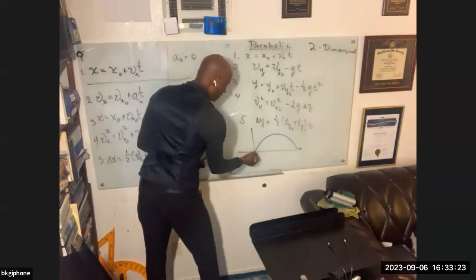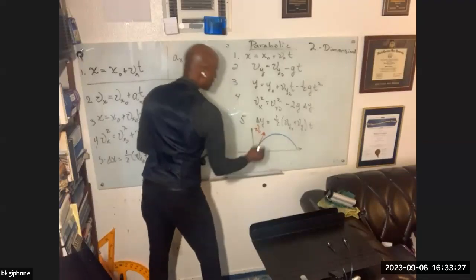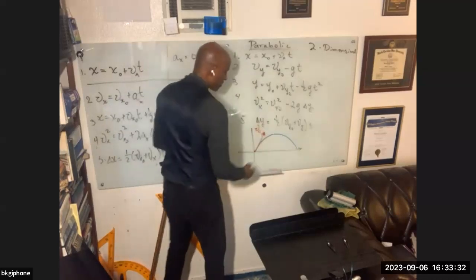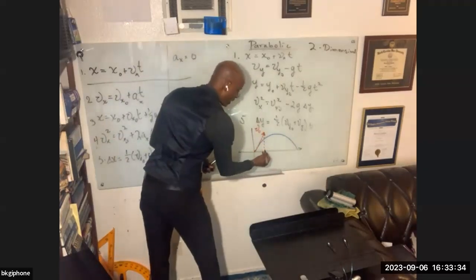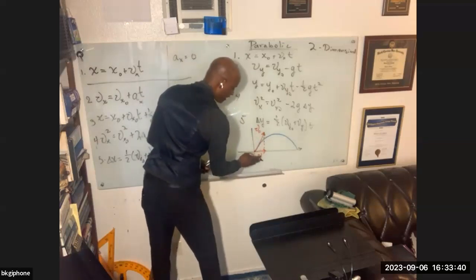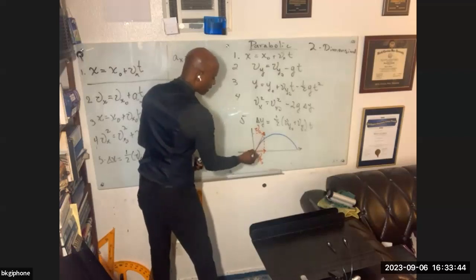So at the initial position, the initial velocity is a vector that does something like that. So that's V naught. But because it's two-dimensional motion, it has components. It has component V naught x, and the naught means initially at time zero. So Vx naught would be the x component initially, and Vy naught would be the y component initially.